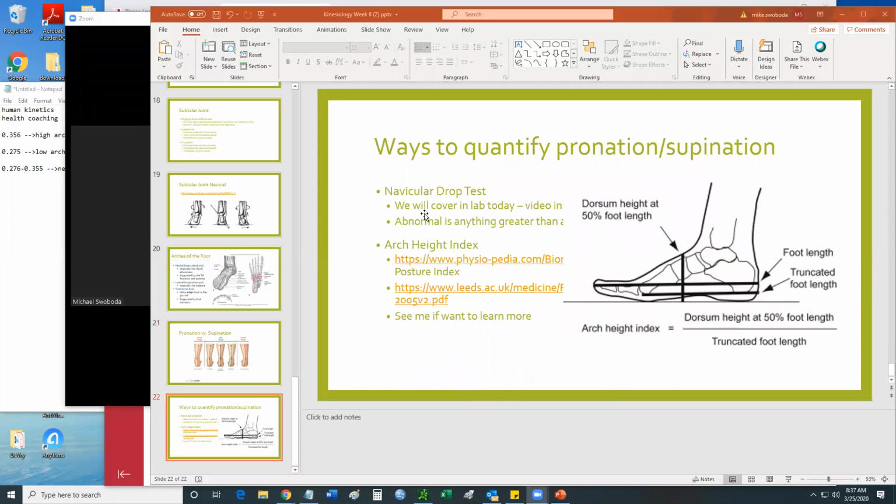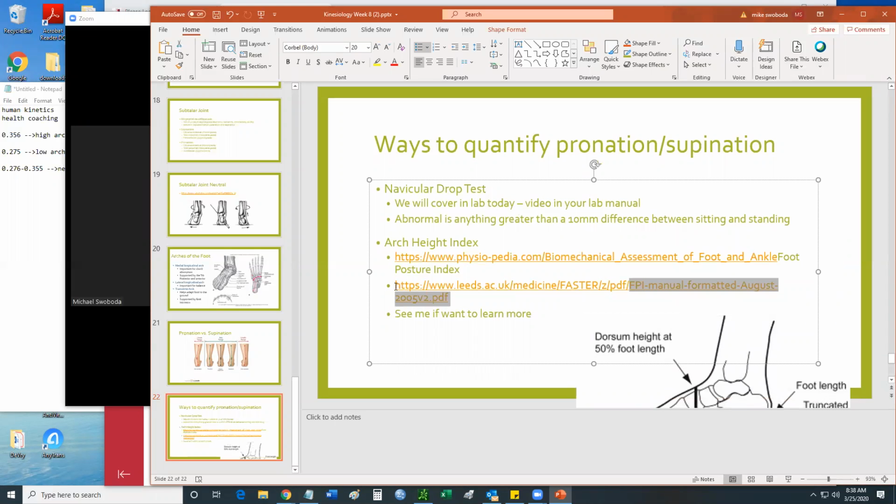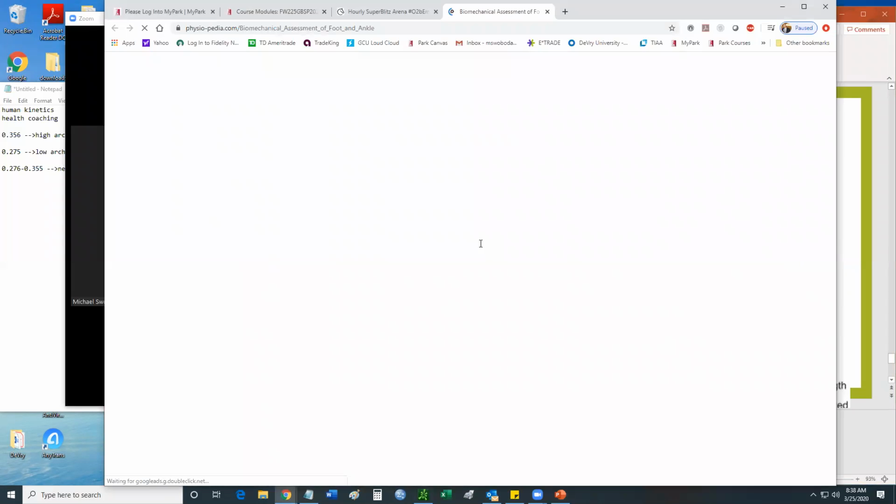Now, the last thing we're going to do today is to actually quantify this, or show you how to actually do these. So two things we're going to look at here: the navicular drop test and your arch height index. This Physiopedia page is really going to be the best source to give you all of the foot and ankle assessments.